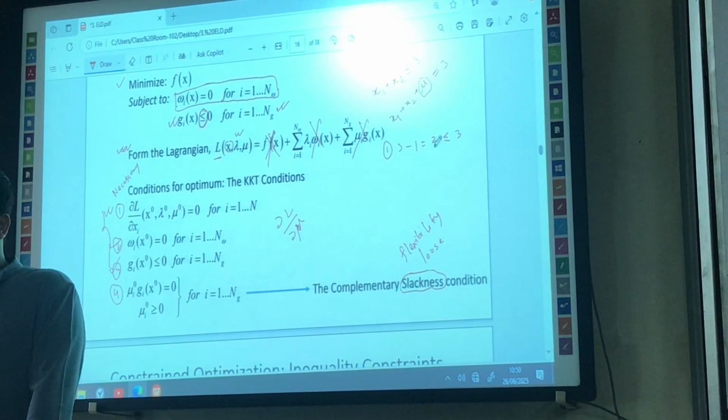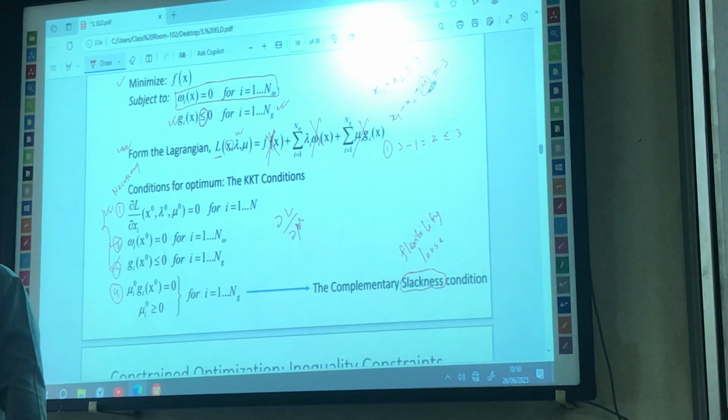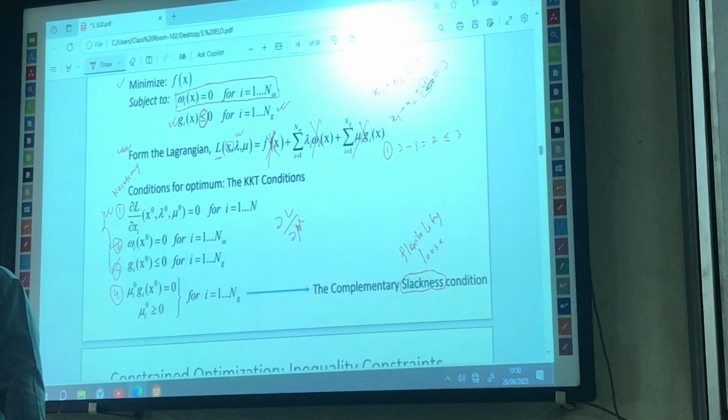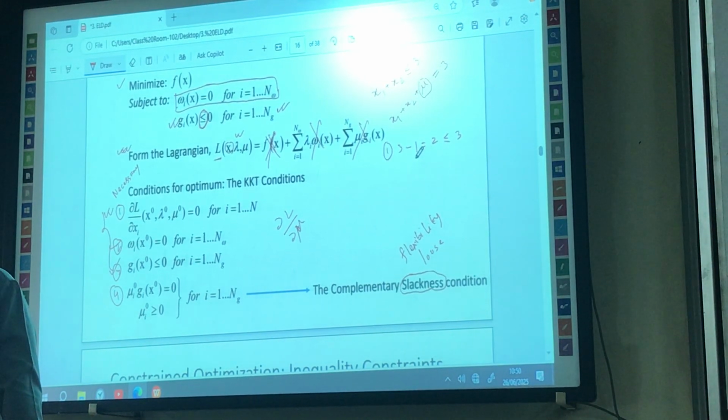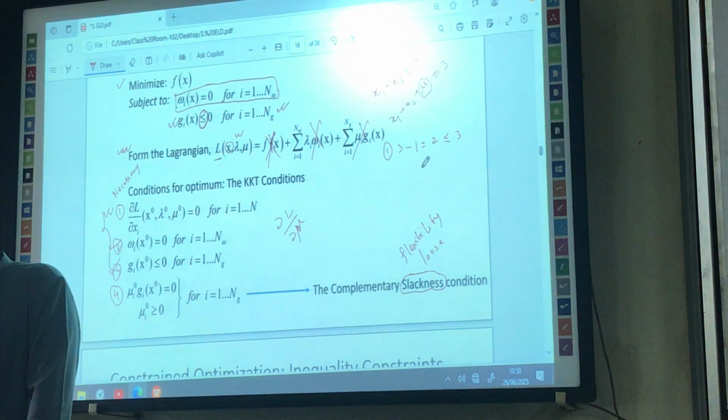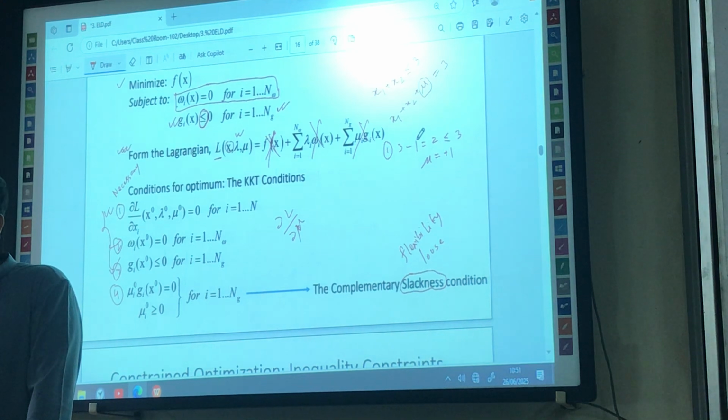So what will be the value of this mu now? To equate it with 3 for this case, mu should be plus 1. That was understood. In the first case we are getting x1 equals 3, x2 equals minus 1, so after applying this condition x1 plus x2, we are getting 2, which is obviously less than 3.